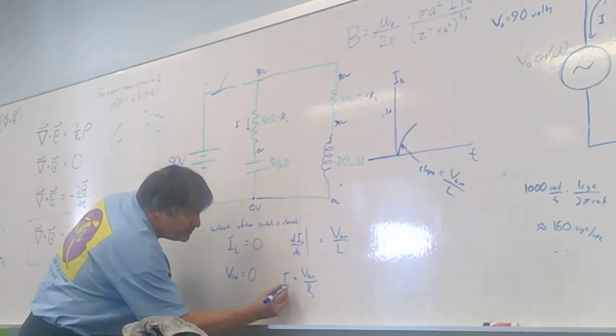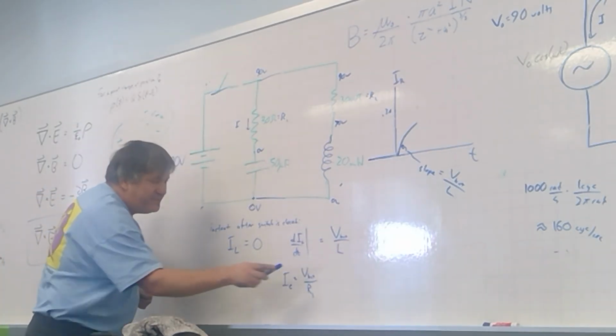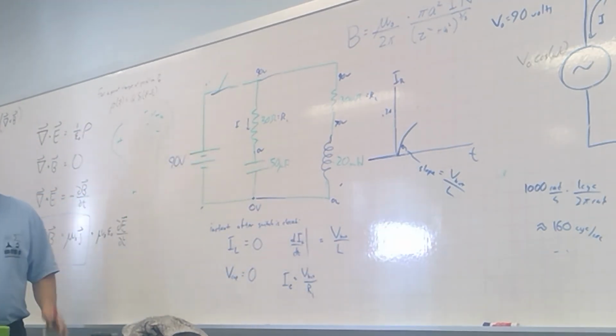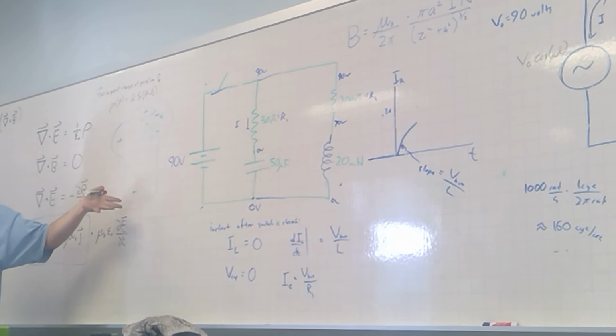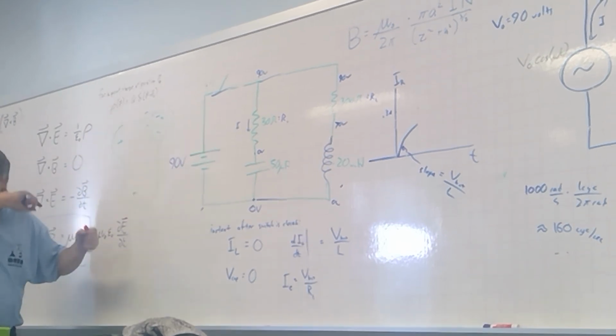So the current through the capacitor is V battery over R1. Okay, that's a fairly good collection of knowledge that you can get just from that one limiting case. And if I've got several circuits, this could become part of a ranking problem.